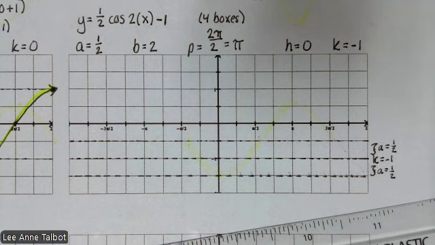Can you graph the midline correctly? Can you graph the amplitude lines correctly? Can you graph the locator point correctly? I'm assuming the hands will start to go down in a moment. Can you graph the end of the wave correctly? And can you fit the picture of the wave in between those 2 points? Some people think they have it all.